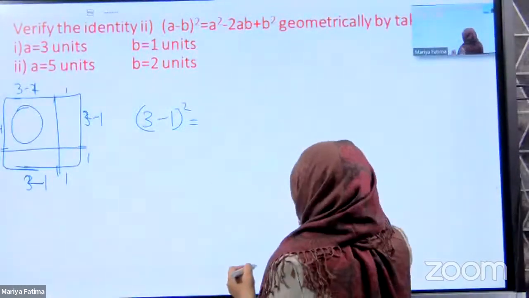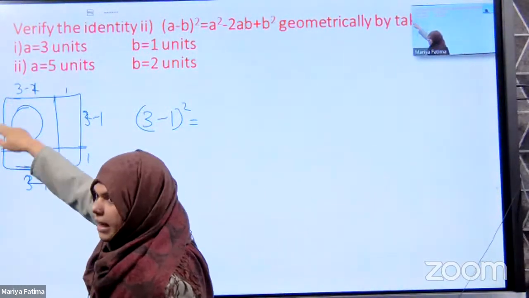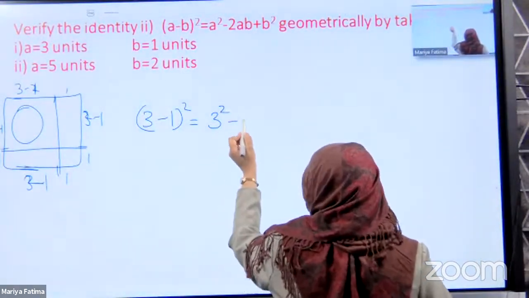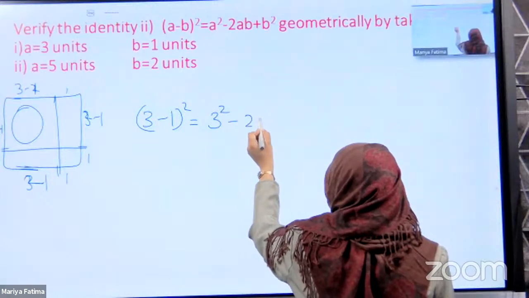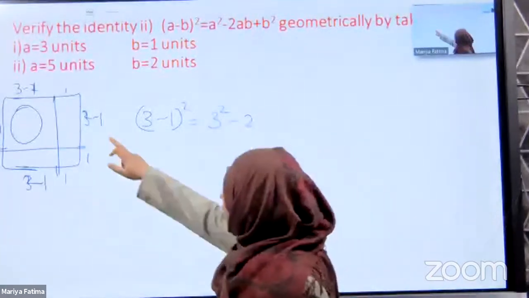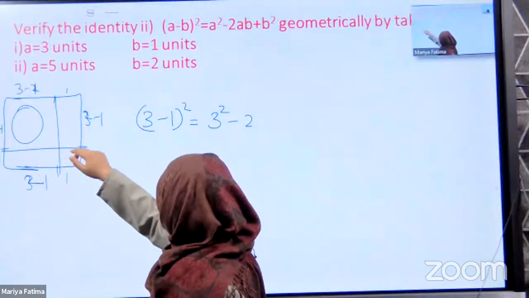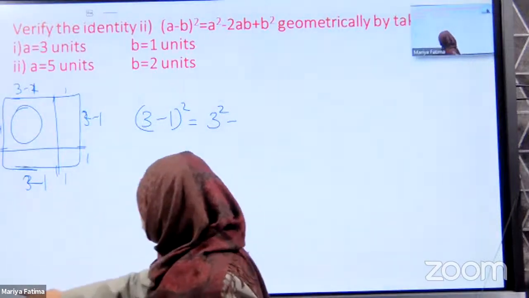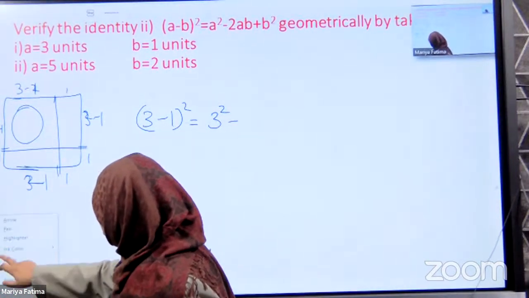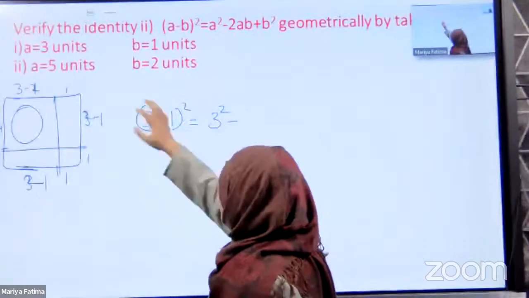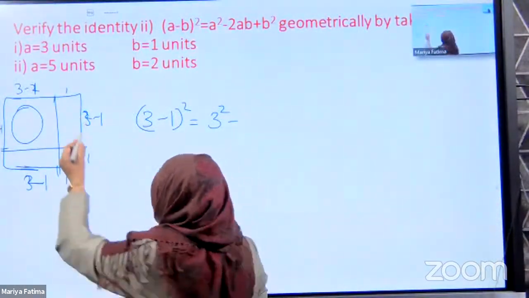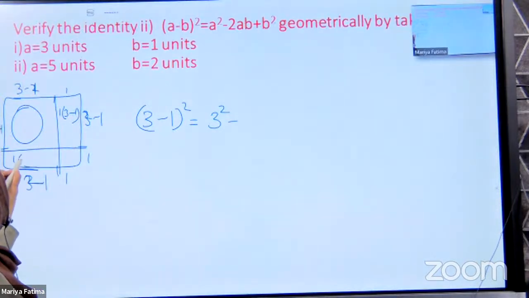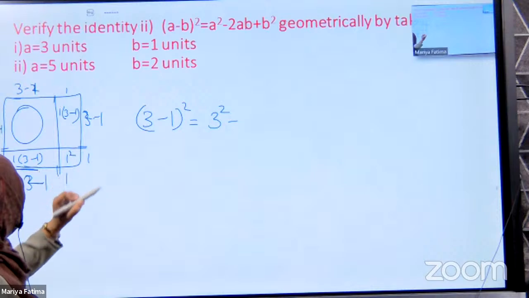The complete value is a, and a is nothing but 3, so that will be 3 square minus 2 into... So we have to subtract this. Now what will be the value of this area? 1 into (3 minus 1), and this is also 1 into (3 minus 1), and this is your 1 square.